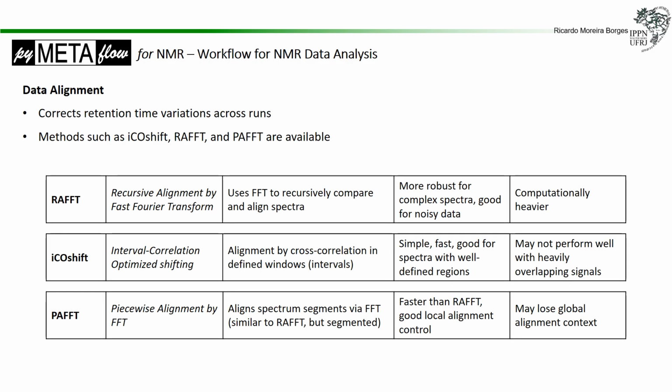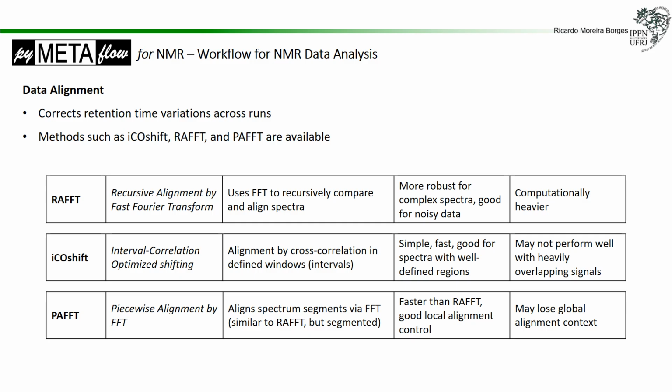So just to be more specific, the Raft method is the recursive alignment by fast Fourier transform. IcoShift is the interval correlation optimized shifting, and PAFT is a piecewise alignment by fast Fourier transform.